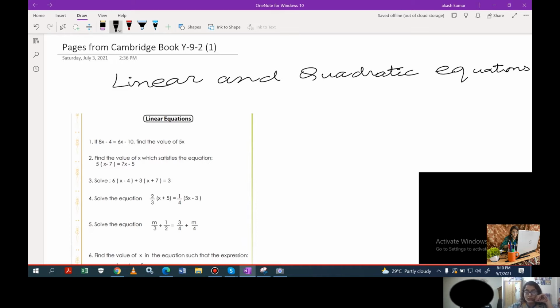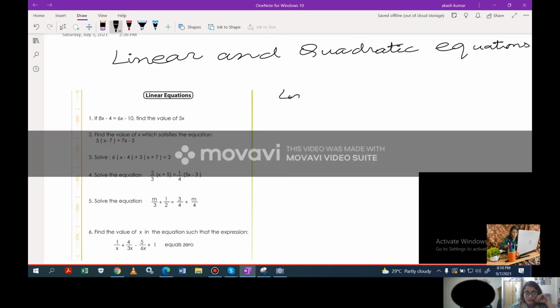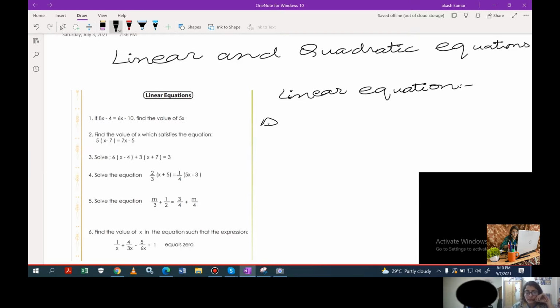That is our topic of discussion. So starting with the linear equations, let's first understand what is the definition of a linear equation.